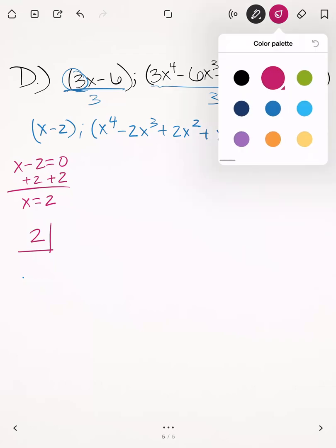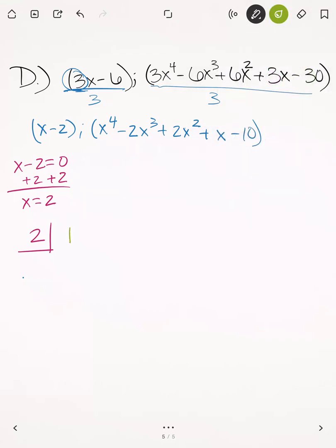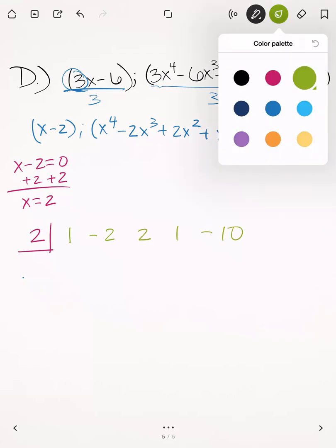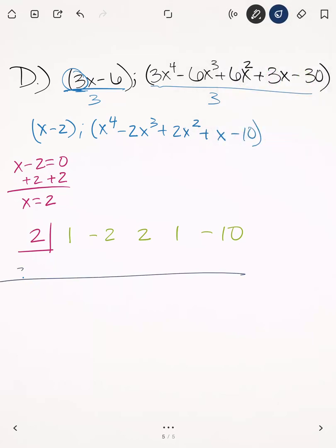That goes in the half box. Now I take the coefficients. So I have 1, -2, +2, +1, -10. If it's above, I add. If it's below, I multiply. I drop down my first term. 2 times 1 is 2. -2 plus 2 is 0. 2 times 0 is 0. 2 plus 0 is 2. 2 times 2 is 4. 1 plus 4 is 5. 2 times 5 is 10. -10 plus 10 is 0.